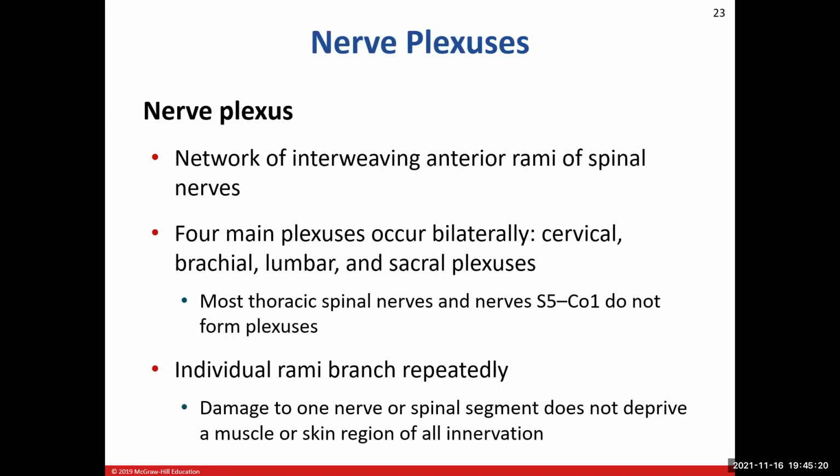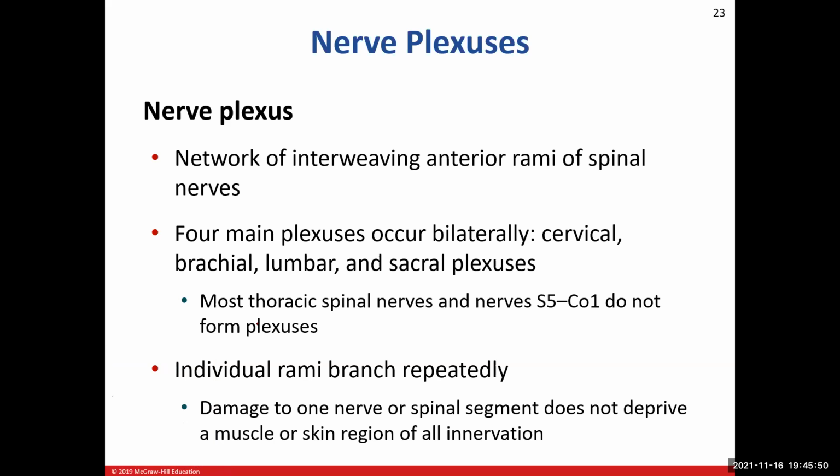Starting off with a nerve plexus. All right, so a nerve plexus is going to be made up of these interweaving anterior rami that have come off of the spinal nerves. And so we're going to see them in 4 locations throughout our spine. We'll see the cervical nerve plexus, the brachial plexus, the lumbar plexus, and then the sacral plexus.